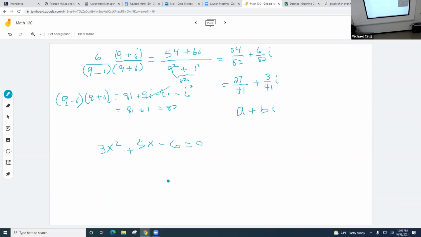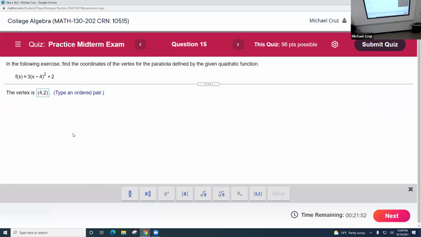So that's the benefit of it being in this format, as you can tell the vertex at a glance. It's got to be a negative there. If there's not a negative, you've got to account for it. So if this was a positive 4, then it would be a negative 4. But since that's negative, that number right there is our x coordinate of the vertex, and this one is true to the side.